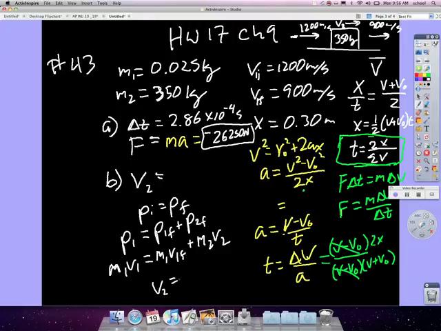This velocity V1 is up here, right? 1,200. That's 1,200 meters per second. And then this velocity right there, V1 final, is 900 meters per second.